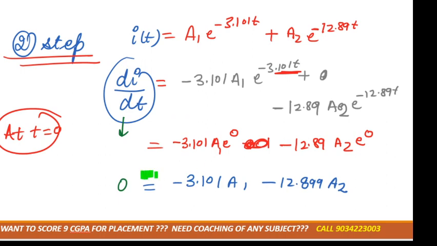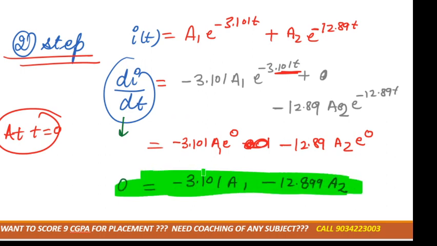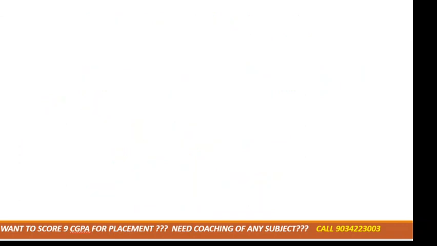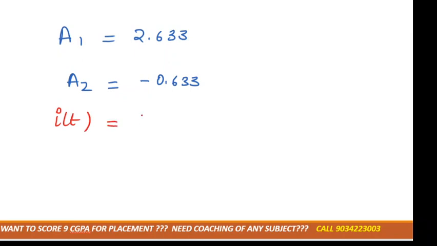Now we have two equations, one is this one and another is this one. After solving, we get the values of A1 and A2, right? A1 we got as 2.633, A2 we got as minus 0.633. So as I told you, the equation is A1 e raised to power S1t plus A2 e raised to power S2t.